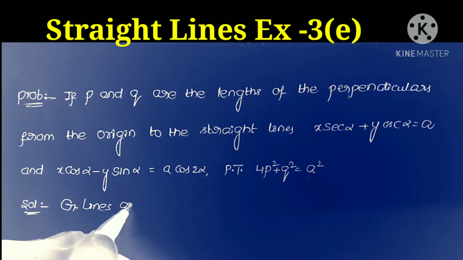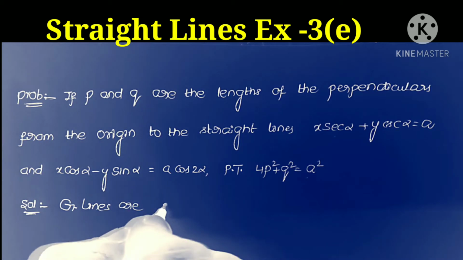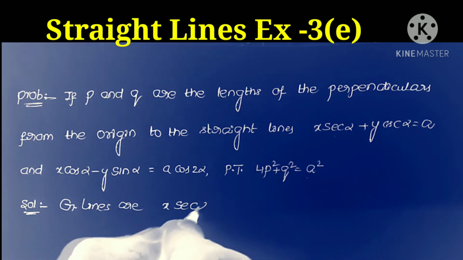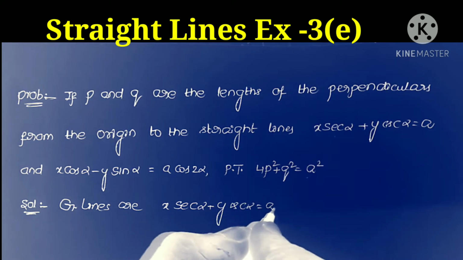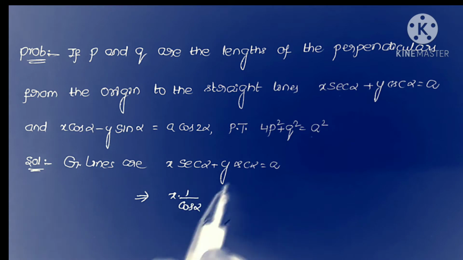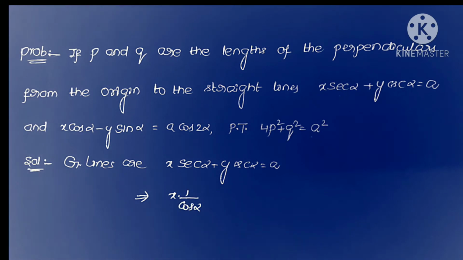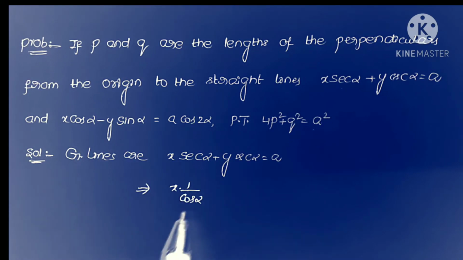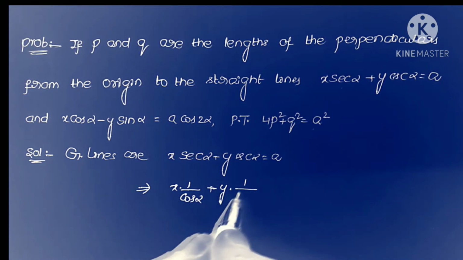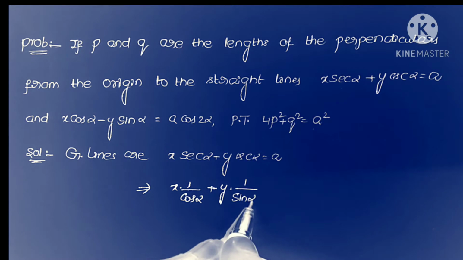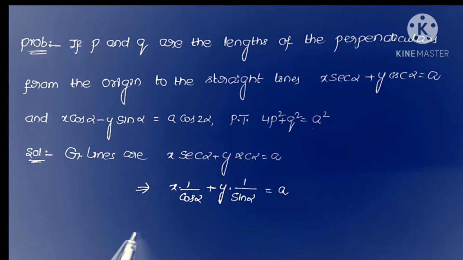The first equation is x secant alpha plus y cosecant alpha is equal to a. Now we have to convert this equation in terms of cos alpha and sin alpha. In place of secant alpha we take 1 by cos alpha, plus y into 1 by sin alpha in place of cosecant alpha, is equal to a.